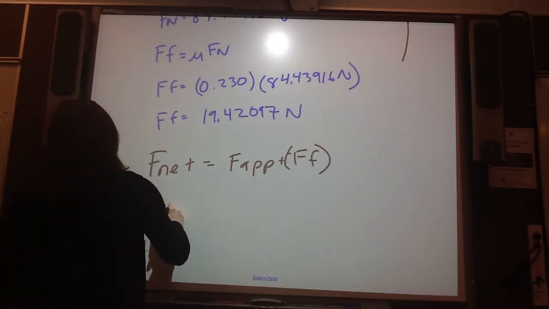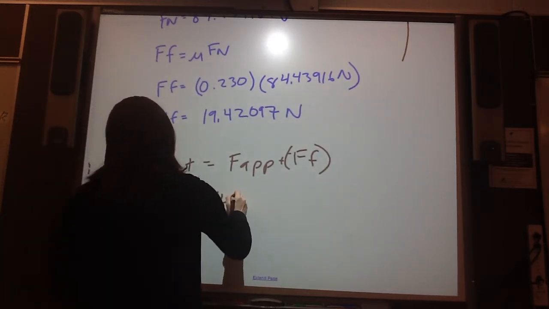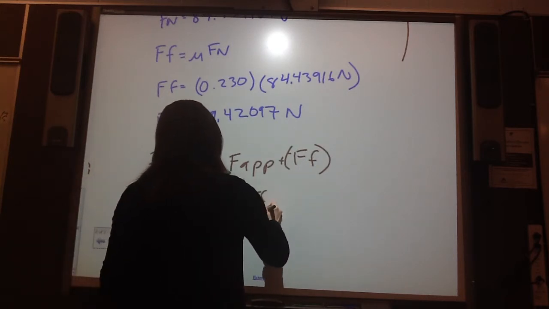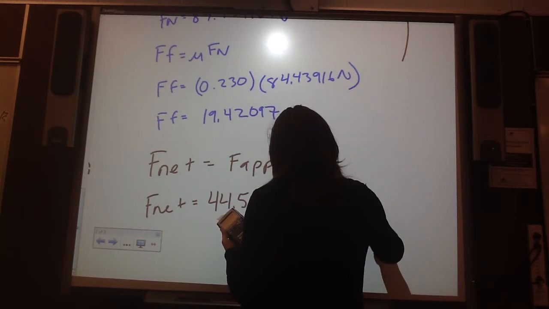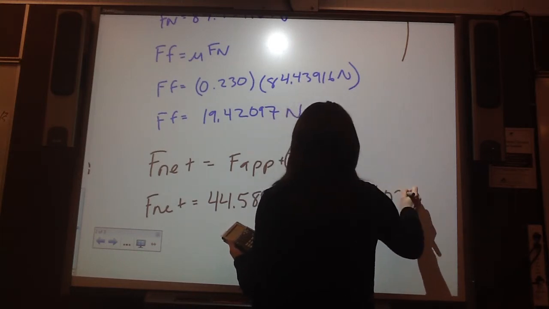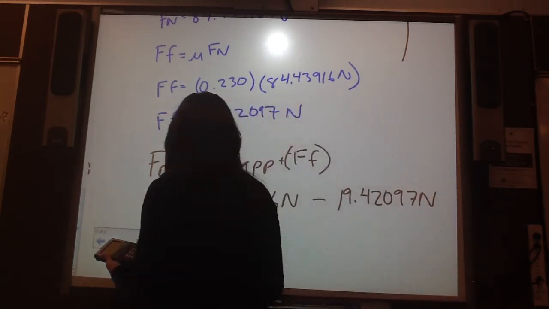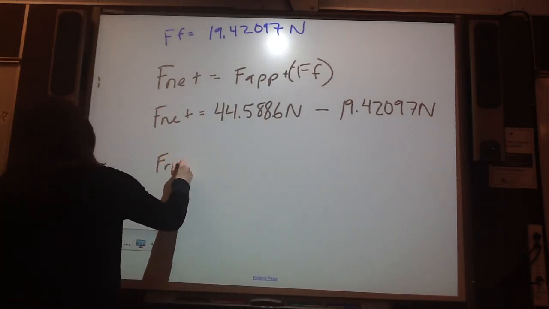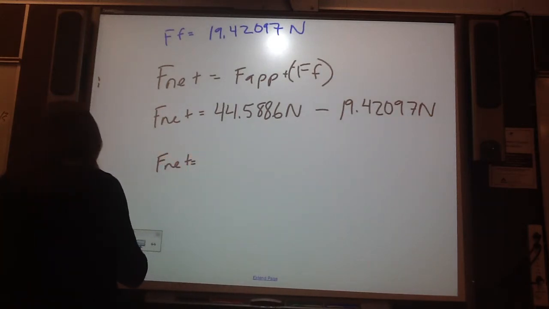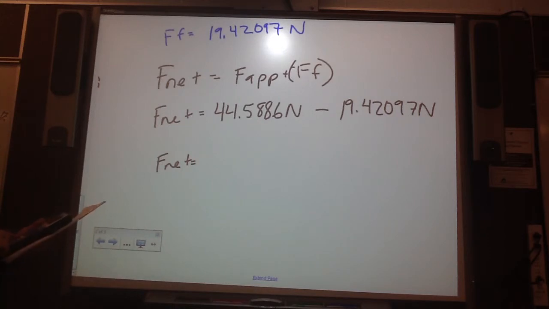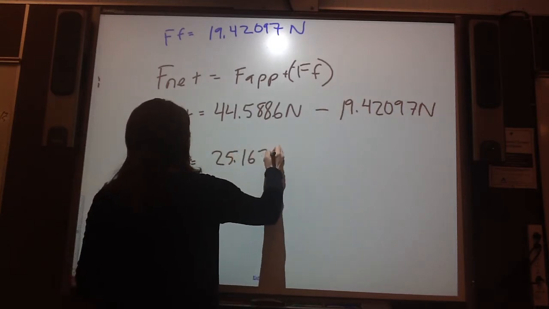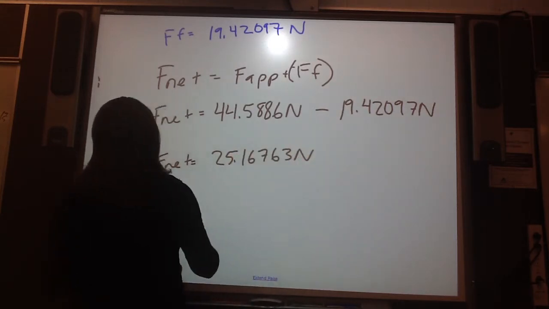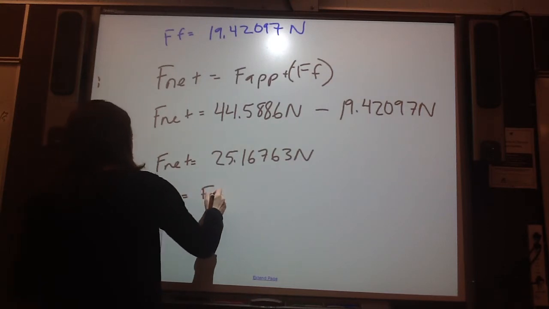So F net is equal to 44.5886 newtons minus 19.42097 newtons. So F net is equal to 25.16763 newtons.